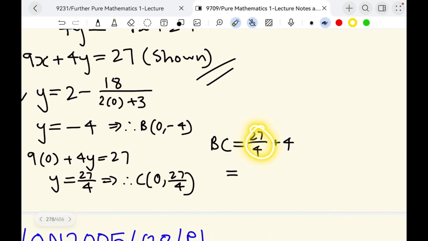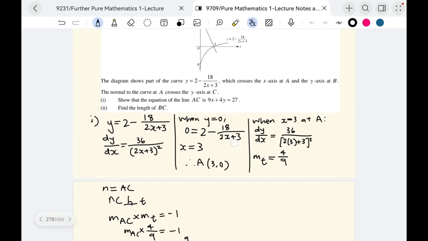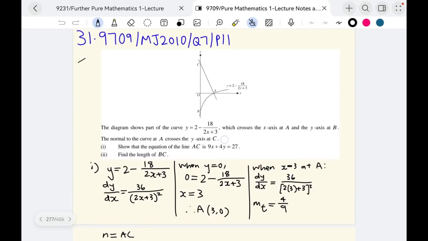That's why it's 27/4 plus 4. Okay? So in the end, you will get 43/4 as the length of the BC, or you can state it in decimal places, which is 10.75. Okay? Yeah. So this is how you deal with the simple coordinate geometry questions, as well as linking to the differentiations.